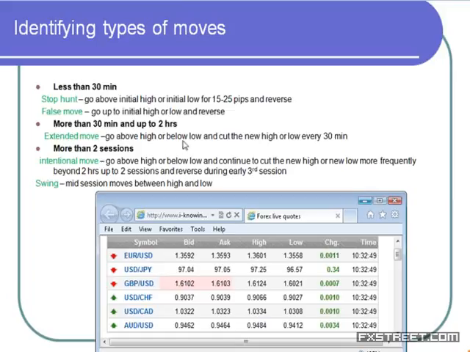So an extended move is always a quick move. That is why I always say that quick moves are false moves in the market. And whenever they make a quick drop, then during the European session, I showed you that they made the extended move beyond 30 minutes, up to 2 hours. They just came below the initial low of 1.6074.